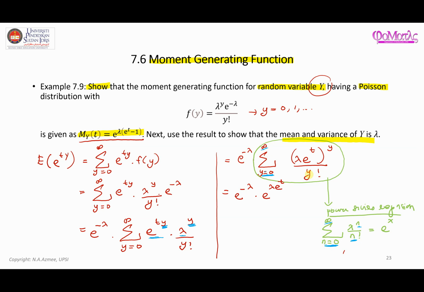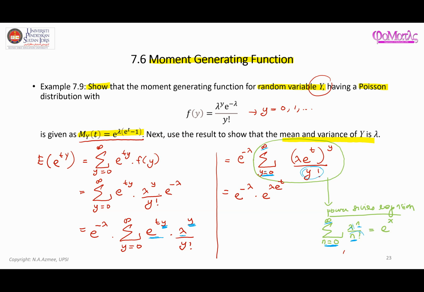Next, y appears on this side, as such n appears at this part here with n factorial. Y appears here as the something to the power of y. So here we have x to the power of n. Therefore, if here is x and the answer is e to the x, then here the answer is going to be e to the lambda e to the power of t. So this term here will be the part at the top.